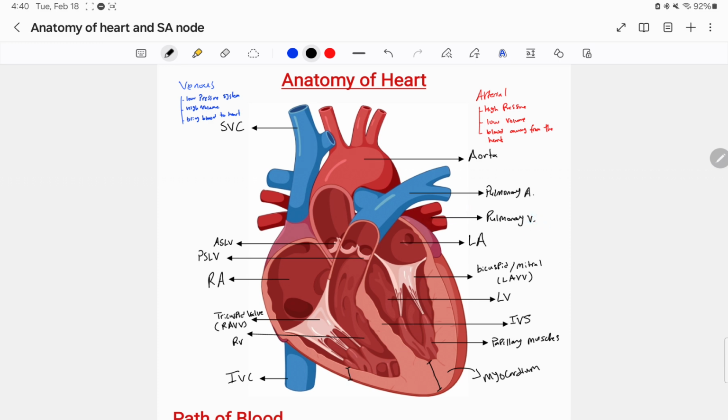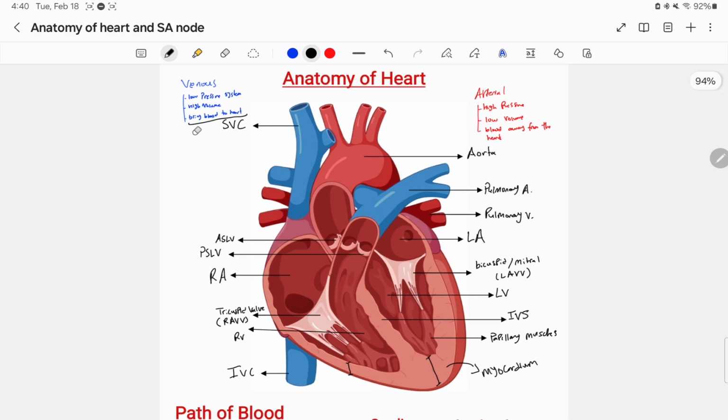So the best way to characterize this is by this definition right here, that a vein brings blood back to the heart, and you can see the pulmonary vein is bringing blood towards the left ventricle, so it's bringing blood back to the heart, and the pulmonary artery is actually bringing blood away from the heart, so you can see that right there. That's the definition that I would go by if you want to avoid the confusion.